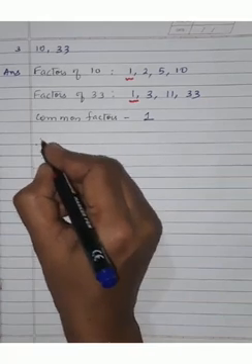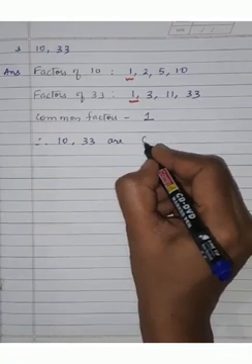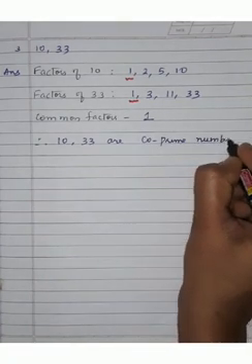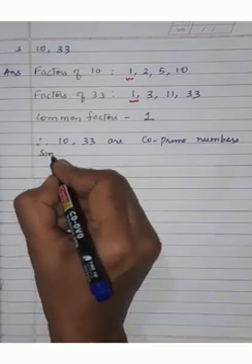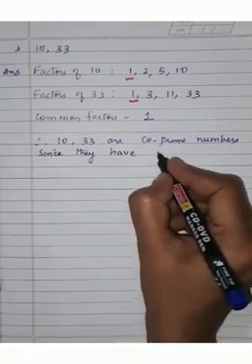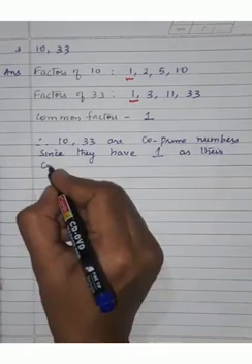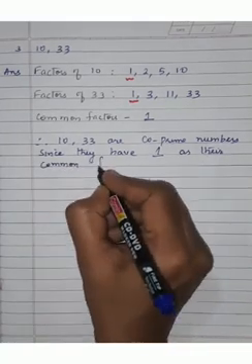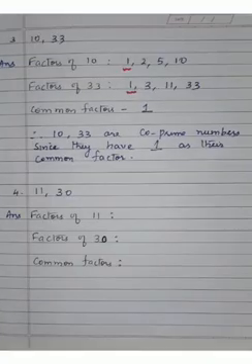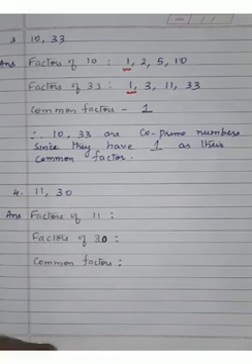So we can write: therefore 10, 33 are co-prime numbers since they have 1 as their common factor. Okay.